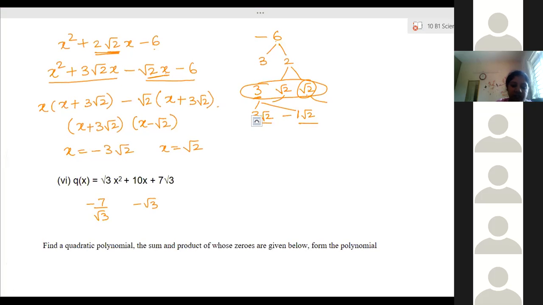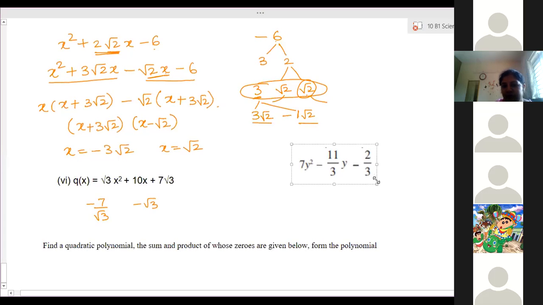Now, if there is a fraction, then what has to be done? How to factorize it? Ma'am, you can keep the rest of the numbers in the bracket and take the LCM and take out 1 by 3. Yeah. So multiply with 3 or take it to LCM.